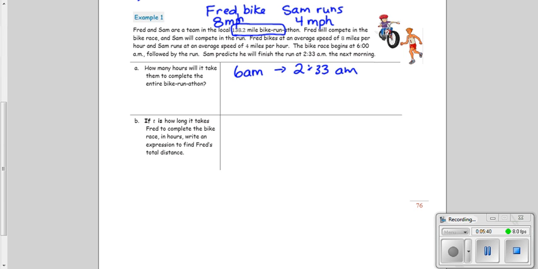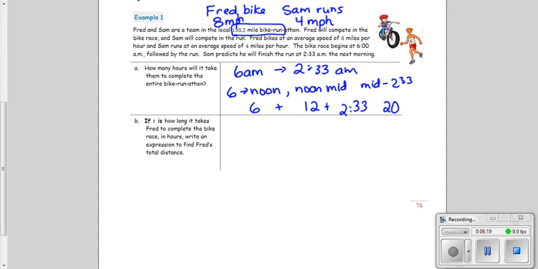Figure out first, how far is it from 6 a.m. till noon, and then from noon till midnight, and then midnight till 2:33 a.m. So 6 a.m. till noon is 6 hours, noon till midnight is 12 hours, and midnight till 2:33 is 2 hours and 33 minutes. Putting these hours together, we get a total of 20 hours and 33 minutes.